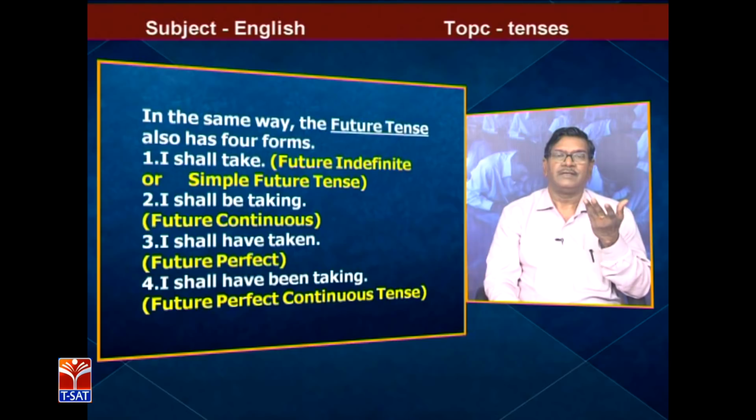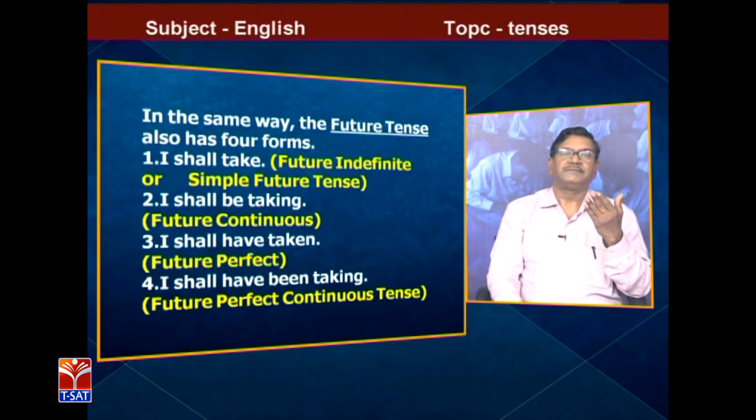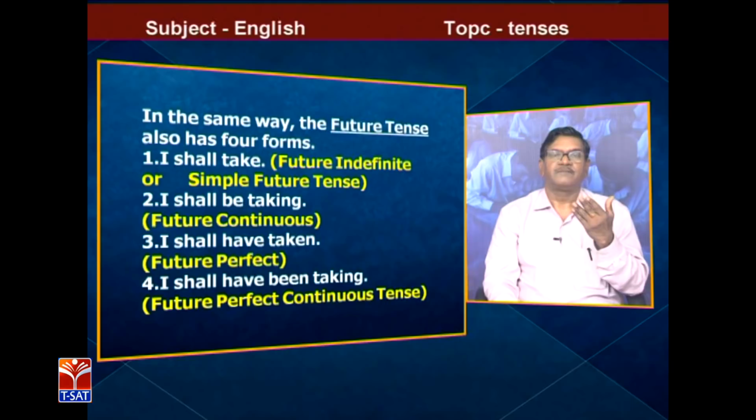For I and we, first person pronouns, shall is the helping verb when we express the sentence in future indefinite or simple future tense.